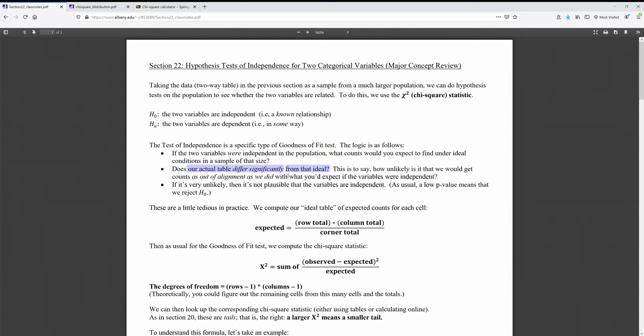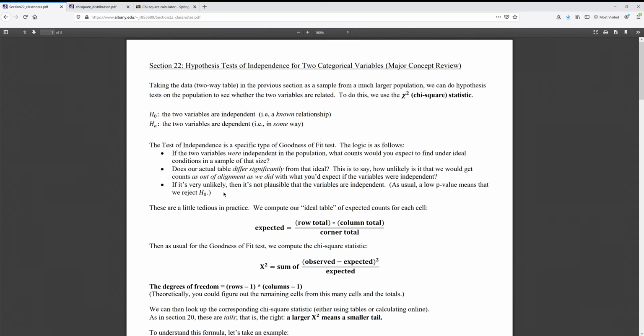How unlikely is it that we get a count as out of alignment as we did from what you'd expect if the variables were independent? That is to say, assuming the variables are independent, how unlikely is it that you would get a table as out of alignment with the ideal? If it's very out of alignment, then rethink the idea that those things are independent. If it's just a little bit out of alignment, then independence is still plausible.